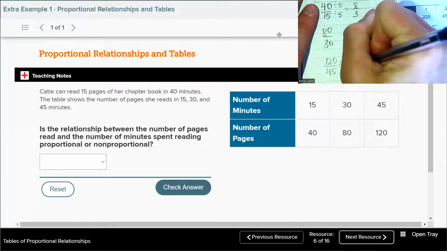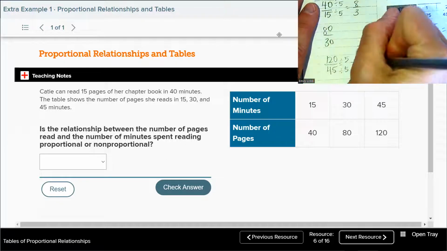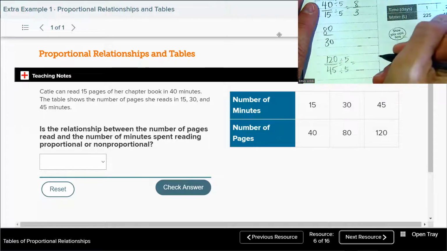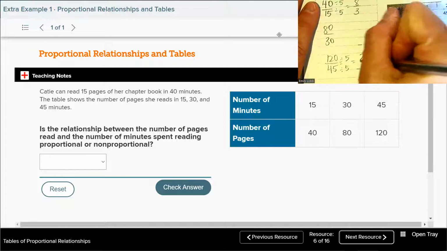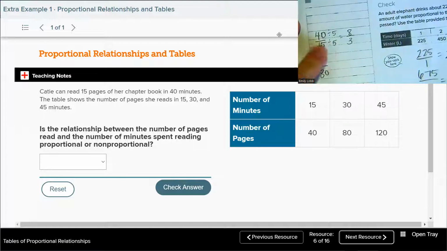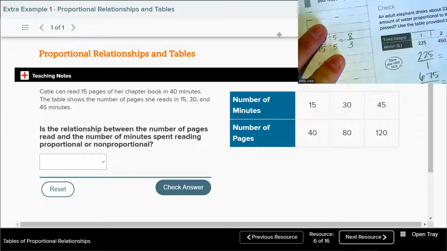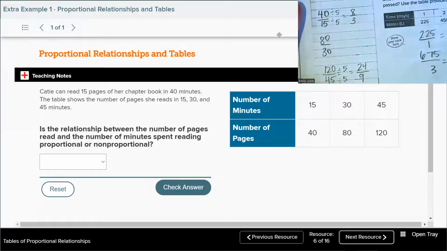What's 120 divided by 5? 24. You got it right. And 9. So can I get 24/9 from 8/3? Yes. They're all proportional. So yes, yes, yes.